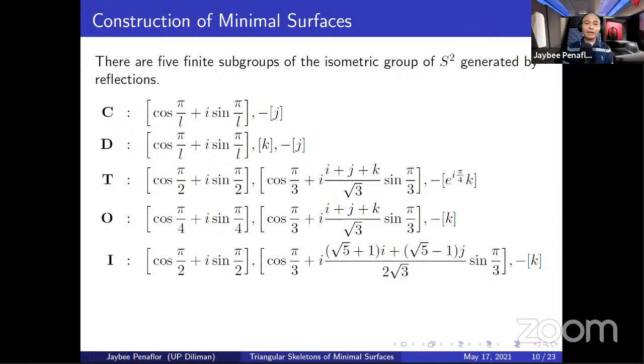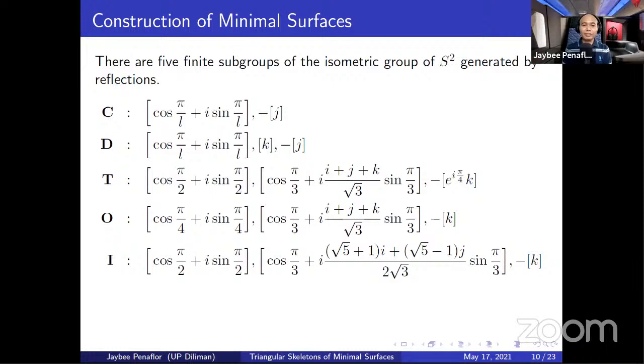We can look at the 5 finite subgroups of the isometric group of S2 generated by reflections. These 5 groups are called C, D, T, O, and I. They're named as such because C is a cyclic subgroup, D is a dihedral subgroup, T is named after the symmetries of the tetrahedron, O after the symmetries of the octahedron, and I on the symmetries of the icosahedron.